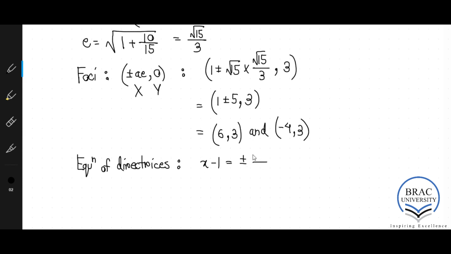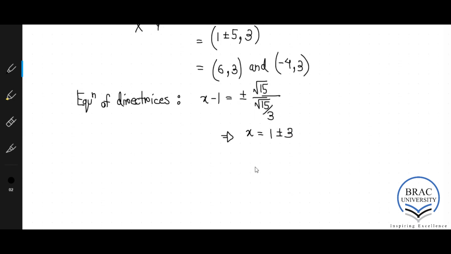So we have a as square root of 15 and e as square root of 15 over 3. And this gives us x is equal to 1 plus or minus 3. So one of the directrices will have x equal to 4, and the other directrix will have the equation x equal to negative 2.